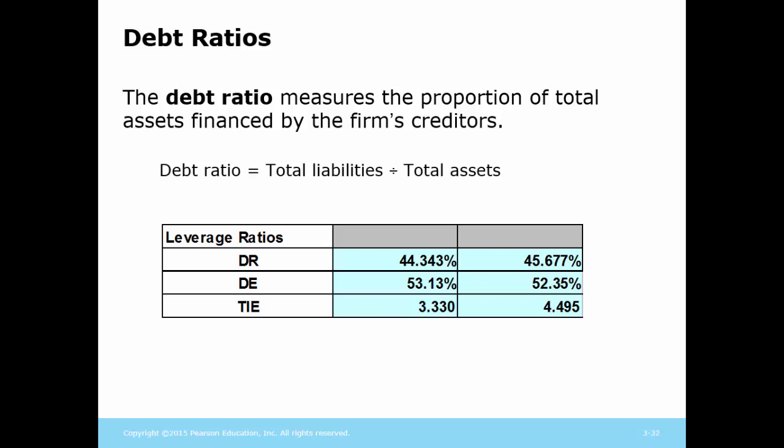So over this time frame, we have increased the debt of the company. Now, is that increase a short-term increase or is it a long-term increase? The next ratio we talk about will help us understand that a little bit, but for right now, we just need to know that roughly 45% of the company's assets have been purchased by borrowing money.